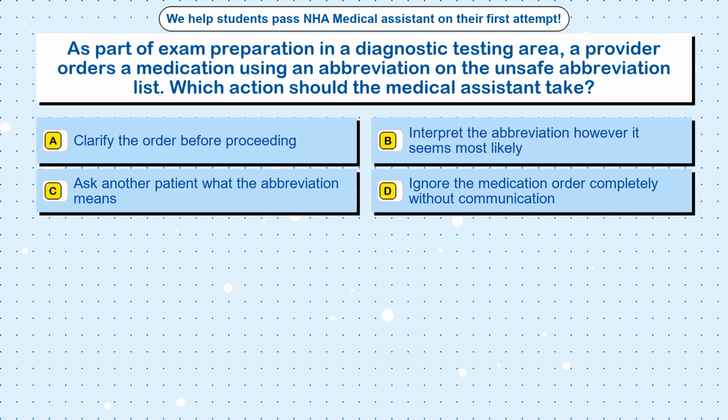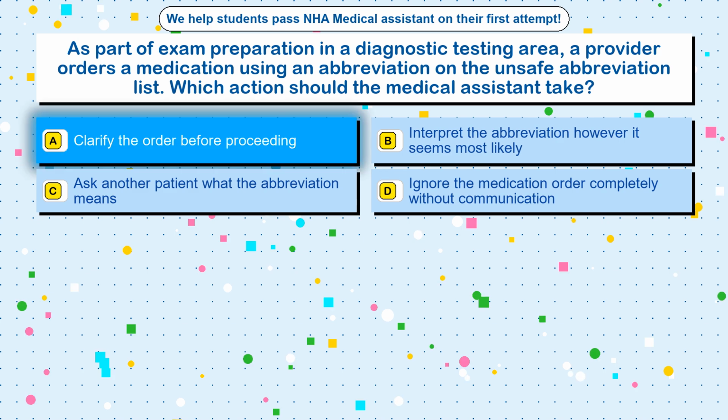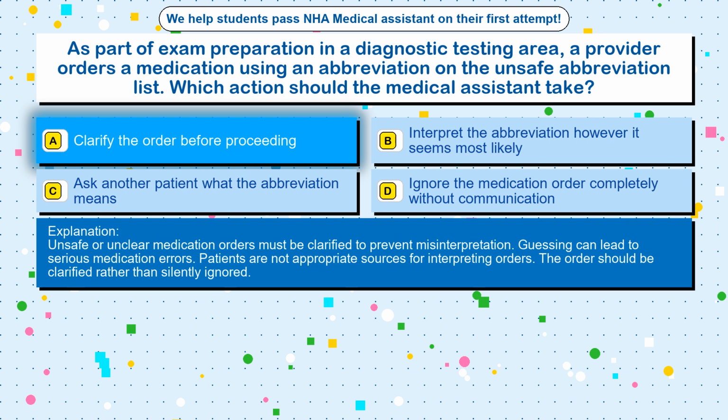Option D, ignore the medication order completely without communication. The correct answer is option A, clarify the order before proceeding. Unsafe or unclear medication orders must be clarified to prevent misinterpretation. Guessing can lead to serious medication errors. Patients are not appropriate sources for interpreting orders. The order should be clarified rather than silently ignored.